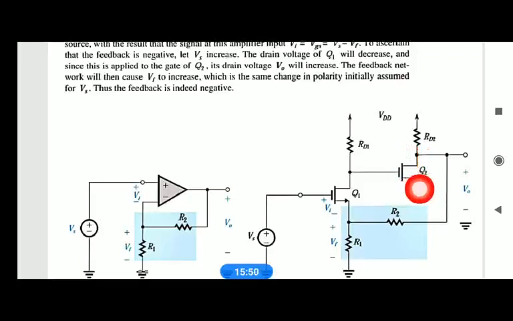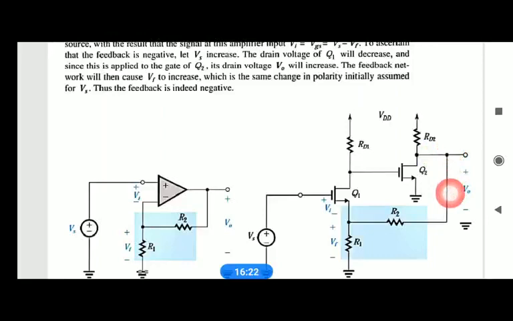Less current flow between drain and source increases the resistance between drain and source. Since the resistance is increased, the voltage drop between drain and source also increases. So the voltage between drain and ground increases.